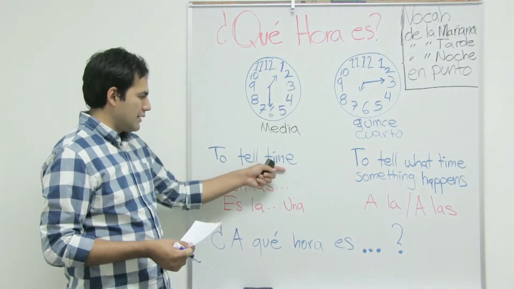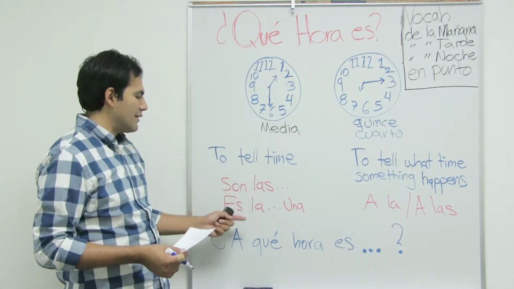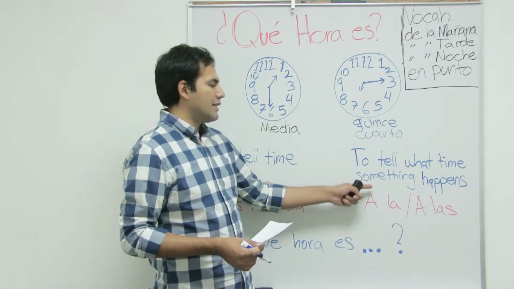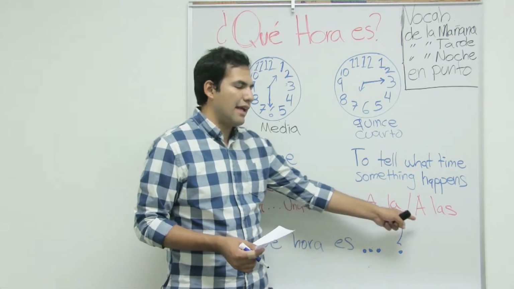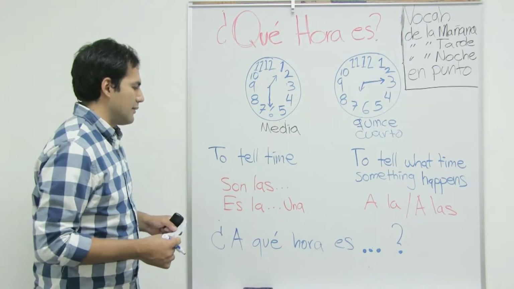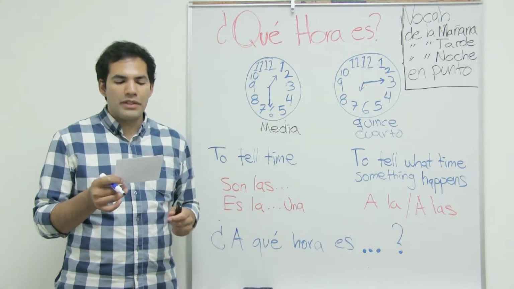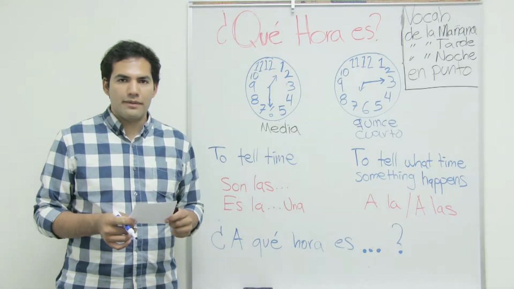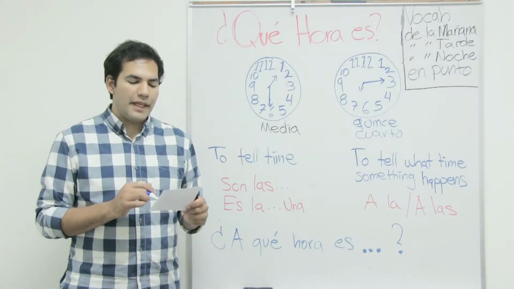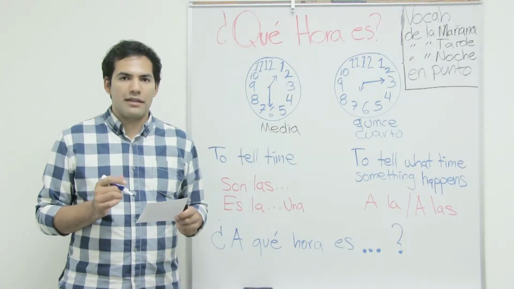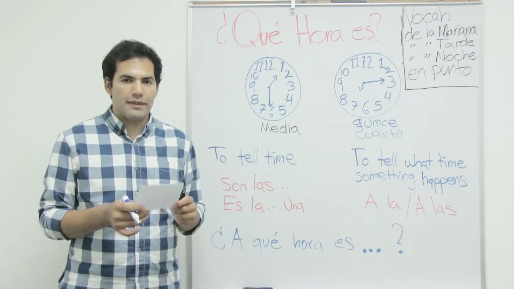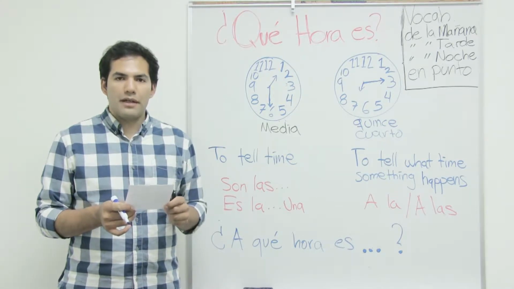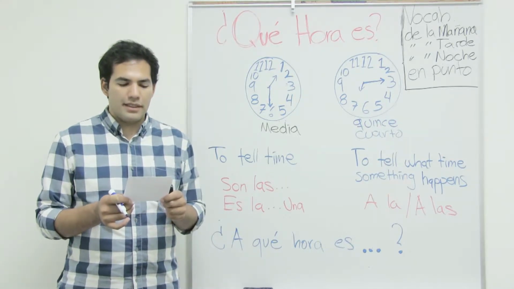So how to tell time? Son las, es la, to tell what time something happens. A la, a las. Good. So what we're going to do now is I'm going to give you an hour, and then you have to write it, and then at the end we're going to review it together and see if what you have is correct, okay?